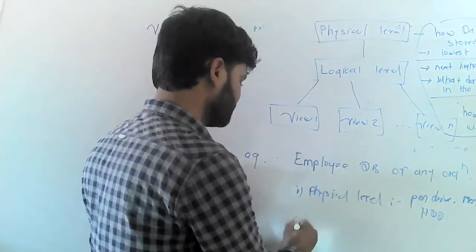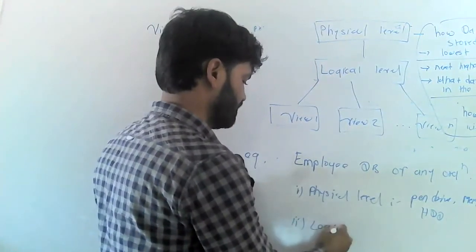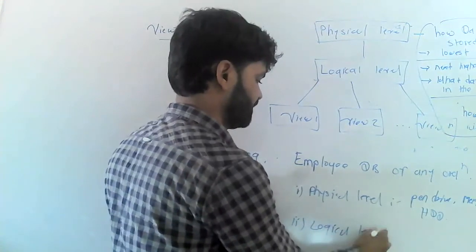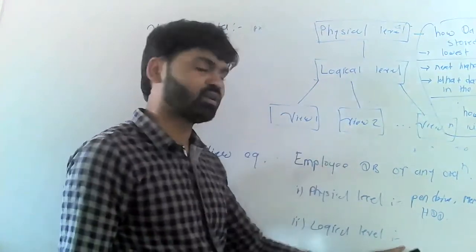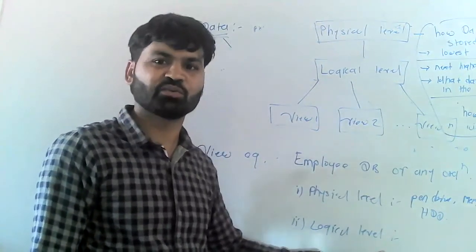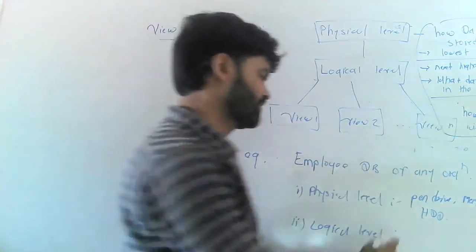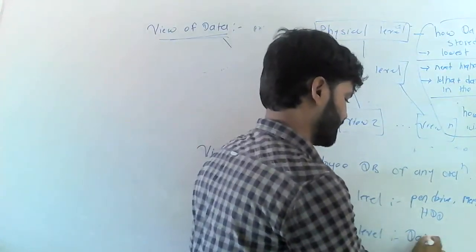Then the next level is the logical level. What data is stored? What are the data objects stored in your database and their relationship?